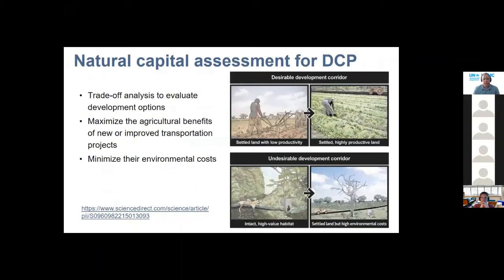So just an example, this study here is using natural capital assessment for a development corridor project, and it's using the assessment to do some trade-off analysis around maximizing agricultural benefits via transportation projects, but also minimizing their environmental costs. So really working out where the best compromises can be reached.